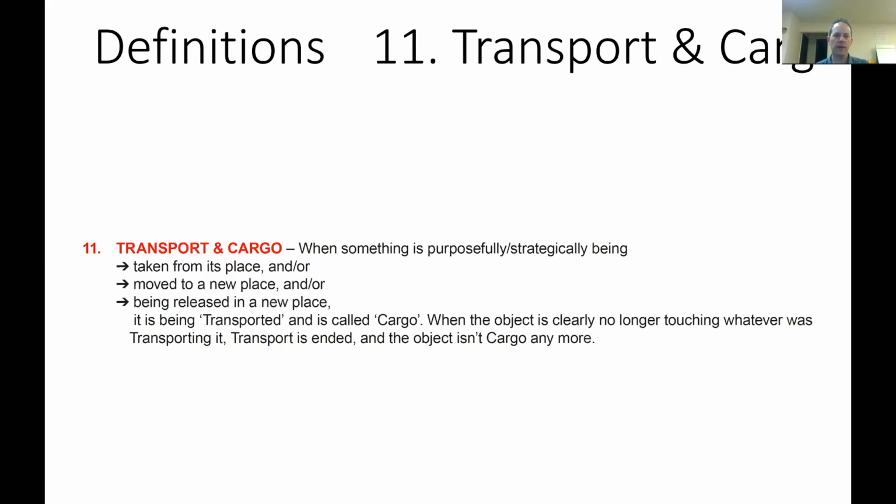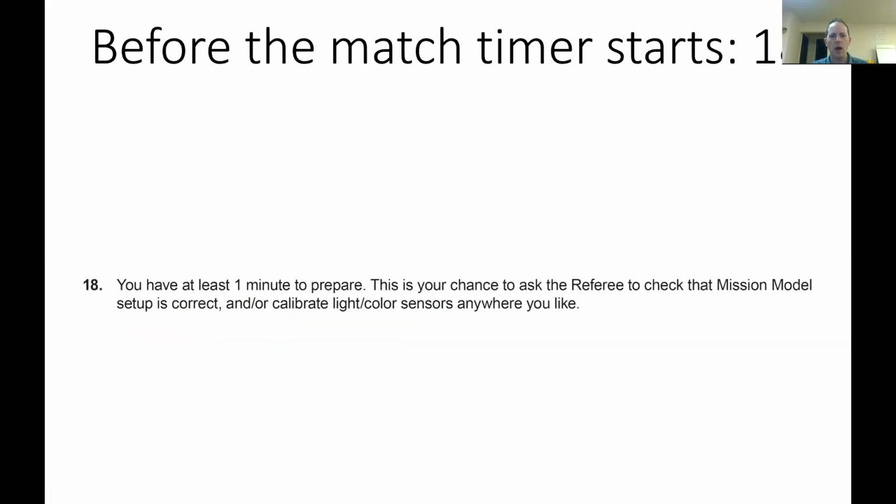And the other thing to keep in mind is that transport and cargo doesn't refer to the robot itself. And remember that if you put an attachment on your robot and it's not easy to separate except by hand, if it's only intended to separate by hand, that doesn't make it cargo. That makes it part of your robot at that point.